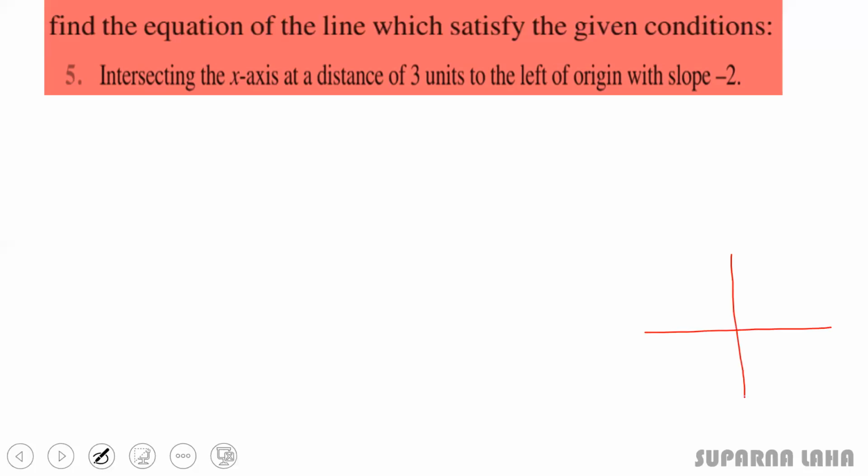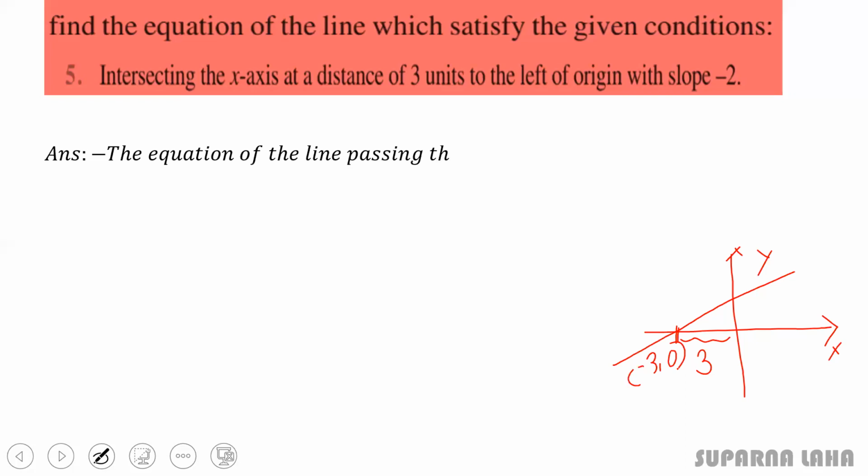This is the x-axis and this is the y-axis. Given that the straight line passes through a distance of 3 units to the left of the origin, that means the straight line passes through the point (-3, 0). So one point is given and the slope is given, minus 2.